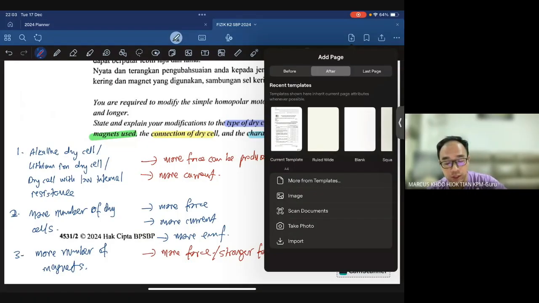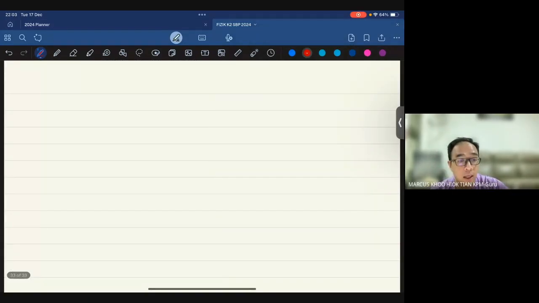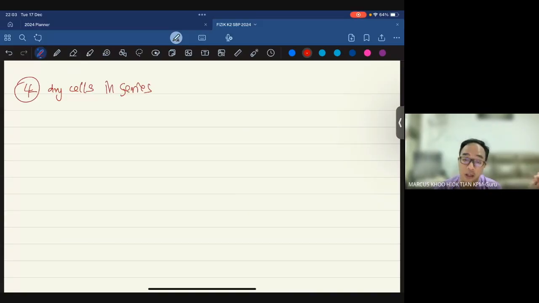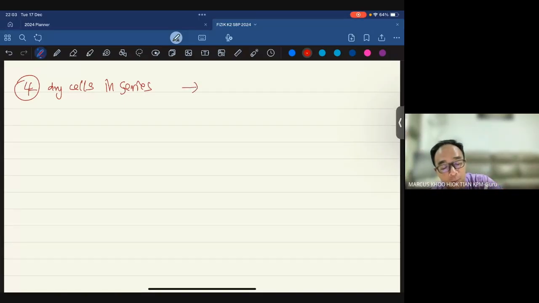Sorry, number 4, connection of dry cells. Connection of dry cells in series. We saw this question just now, right? Like in the electric car question, if you put the dry cells in series, in the homopolar motor, it means that you have a high EMF.